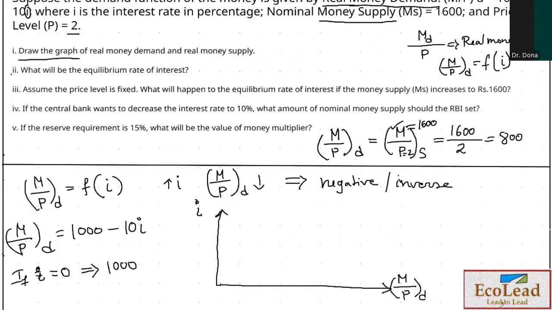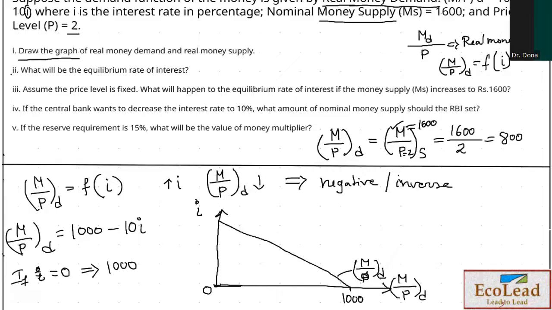Value of I will be 0 along the x-axis. So if the value of I is 0, what is the maximum amount of money that will be demanded? That is 1000. Say for example, this is 1000. Now in this case, if we draw a straight line from here, we will get the money demand function. So this is the money demand function for this question.